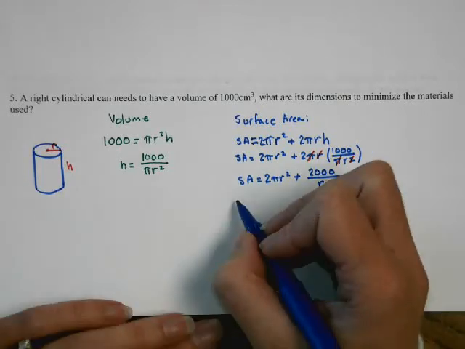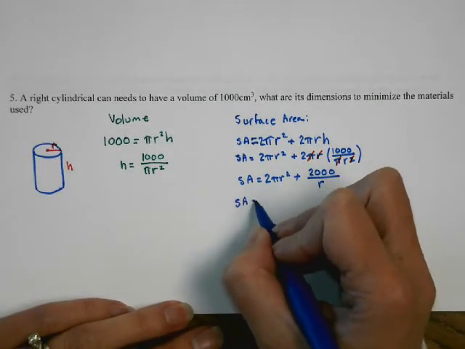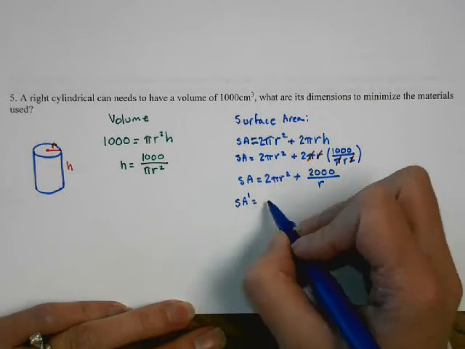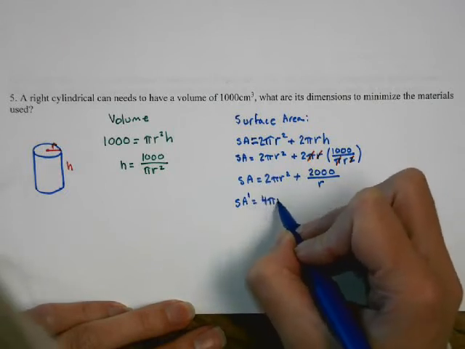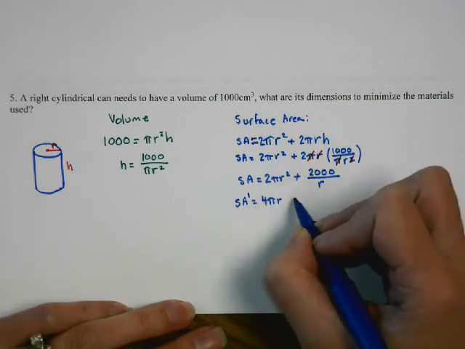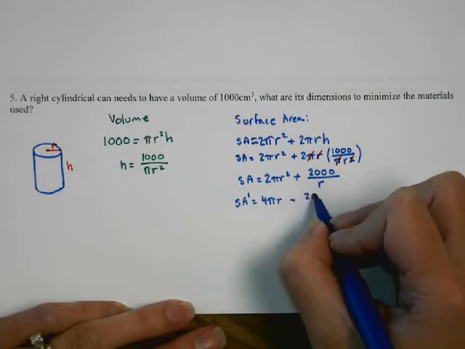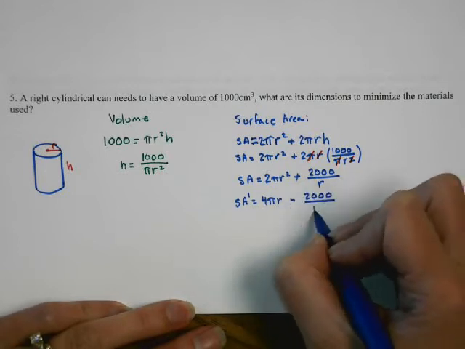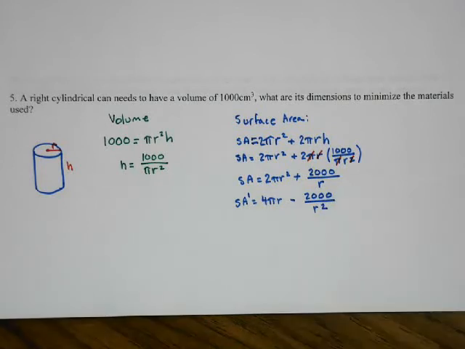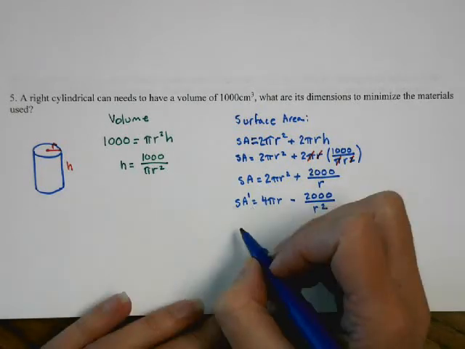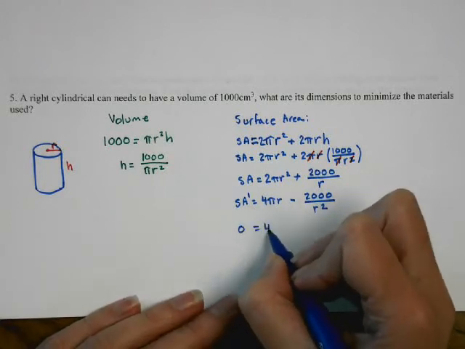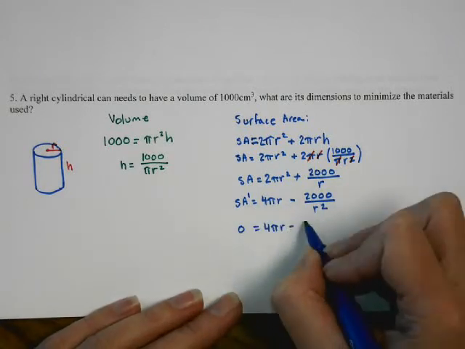So we're going to take this derivative. So this is going to be 4 pi r minus 2,000 over r squared. We're going to set this equal to 0 and find our critical point.